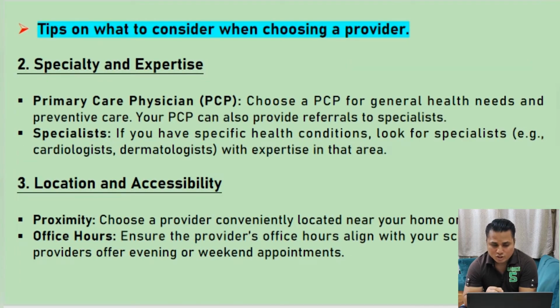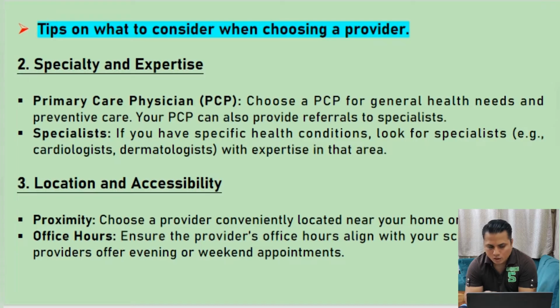Number two, specialty and expertise. Primary care physicians, which is also called PCP: choose a PCP for general health needs and preventive care. Your PCP can also provide referrals to specialists. Specialist: if you have specific health conditions, look for specialists, for example, a cardiologist or dermatologist, with expertise in that area.